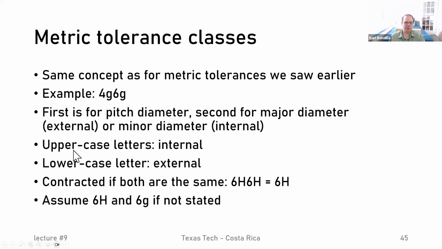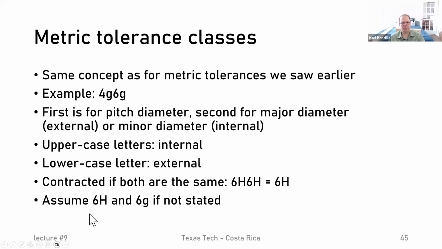All right, if we use uppercase letters, we're talking about internal. And if we use lowercase letters, we're talking about external. So in this case, this would have been an external because they're both lowercase. If these two are the same, so if this was 6G, 6G, then we can contract them together and just write it at once.